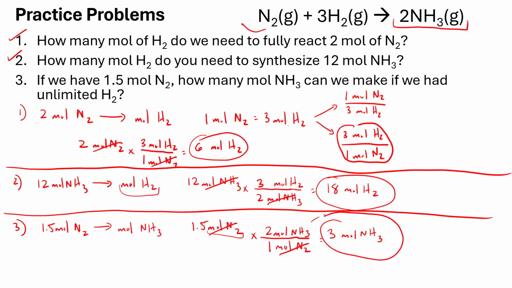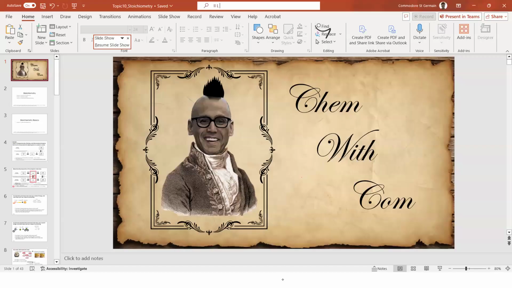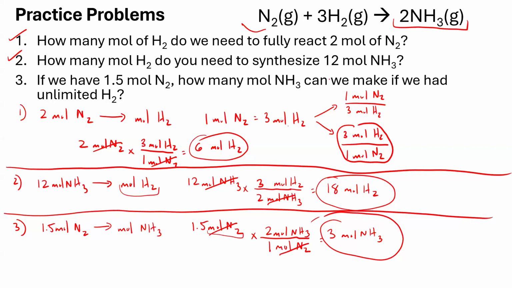Again, mole ratios, right? All you're doing is looking at coefficients. If you think back to our dimensional analysis and conversions, we're converting from one reactant or product to another reactant or product, right? And we're using our equation, our conversion rate. We're using our fractions, right?